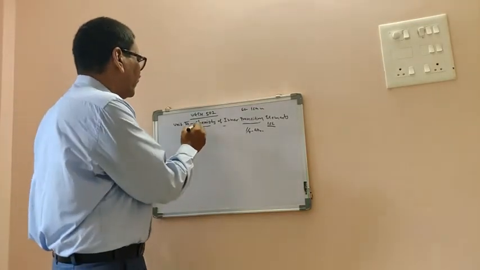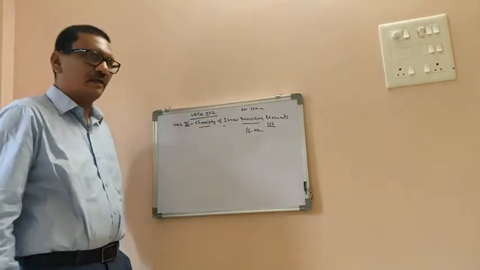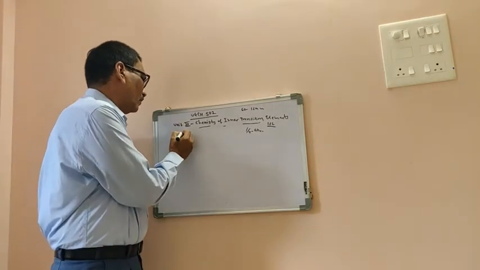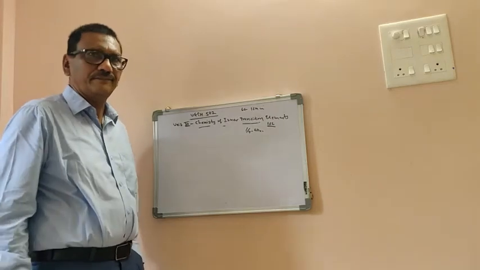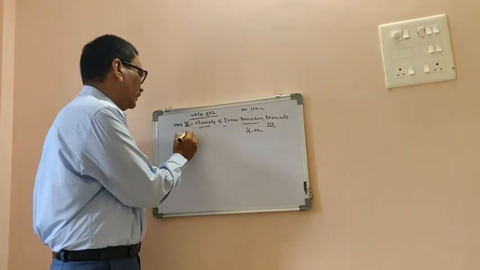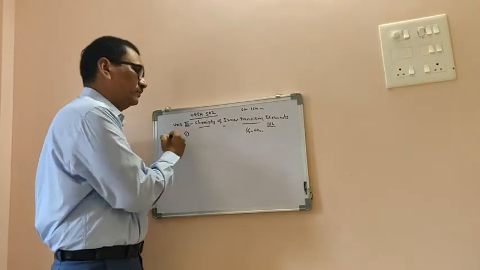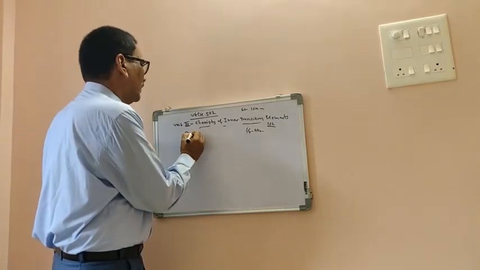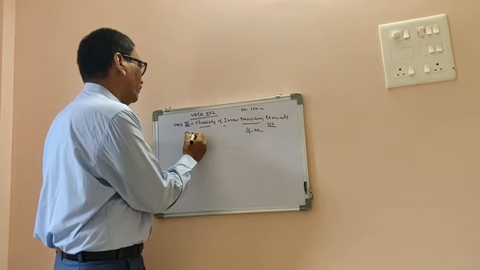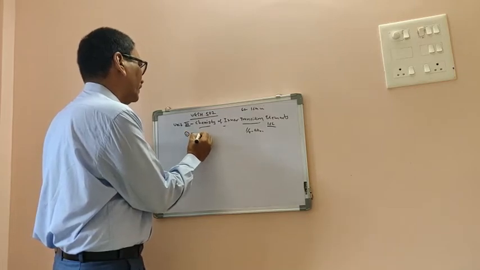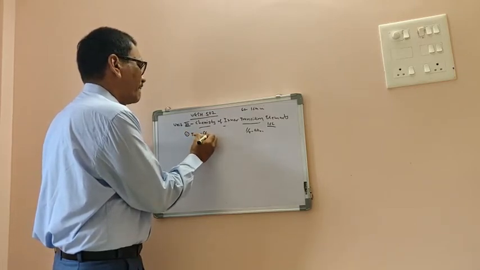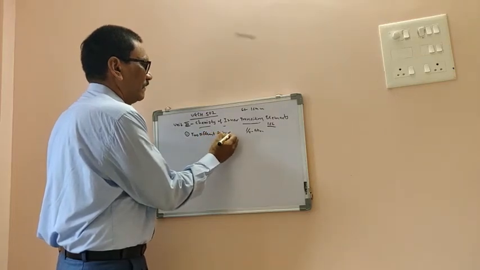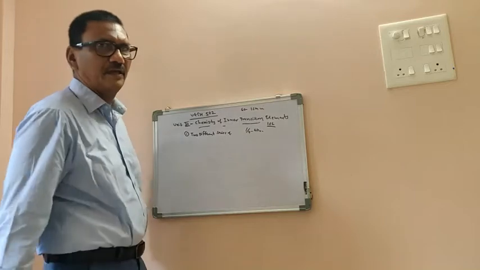Now, in this chemistry of the inner transition elements, what points are we going to cover? The first one is the two different series of these inner transition elements.